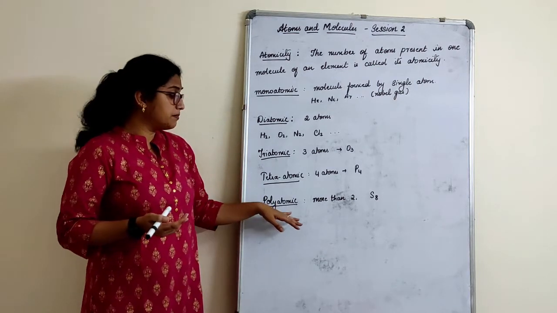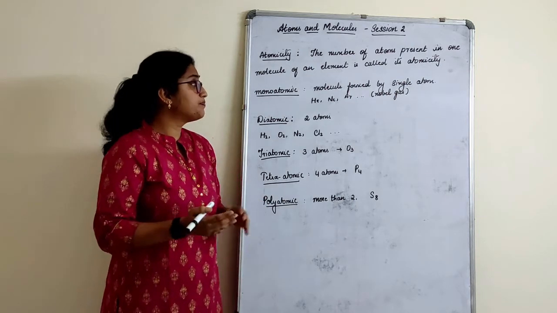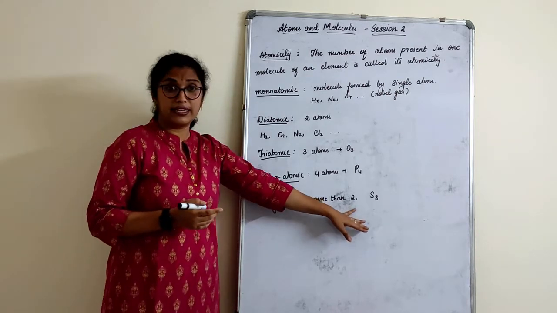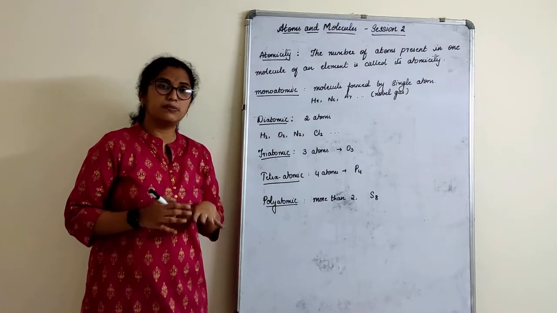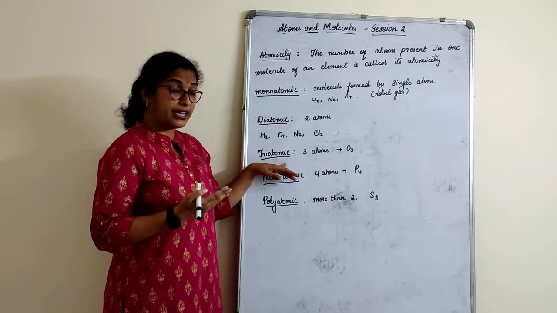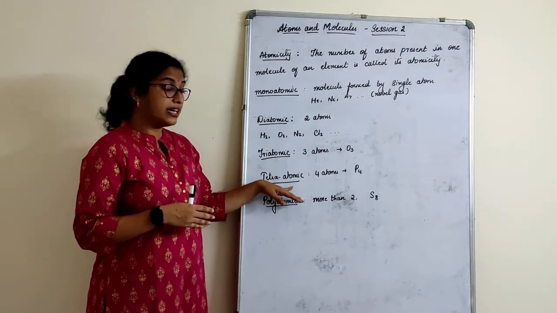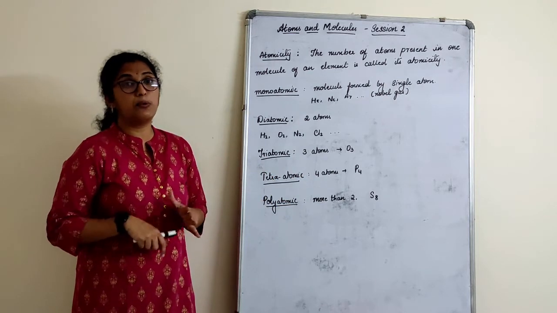Similarly, polyatomic is a molecule containing more than 2 atoms. But we still have a name for triatomic and for tetraatomic. Beyond that, we call it polyatomic.